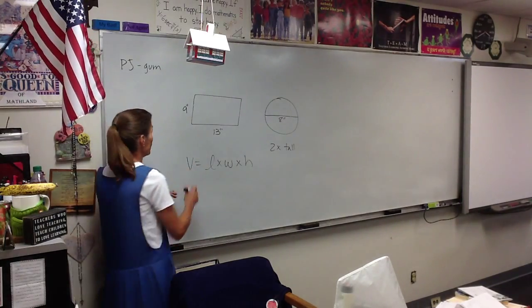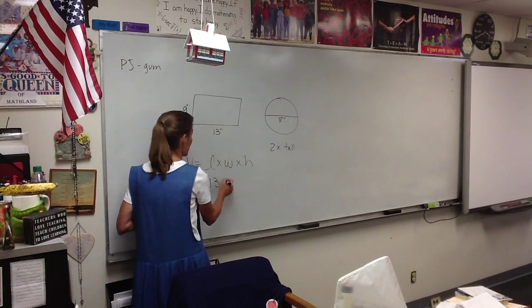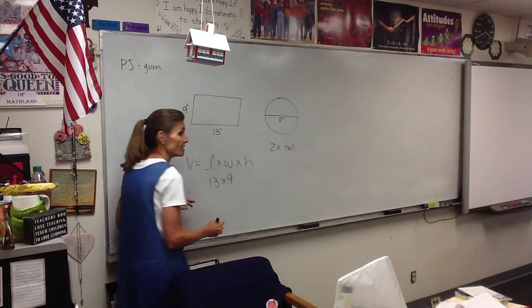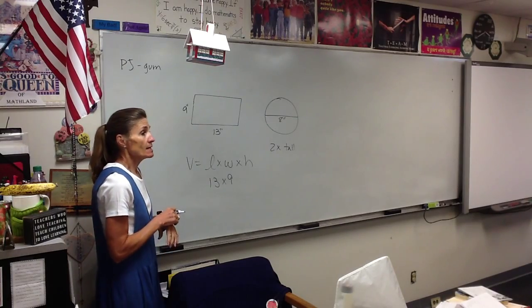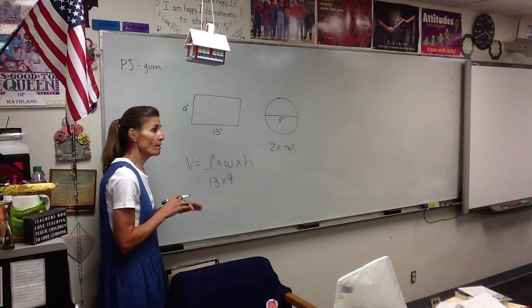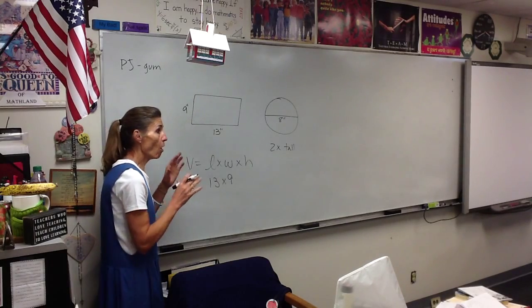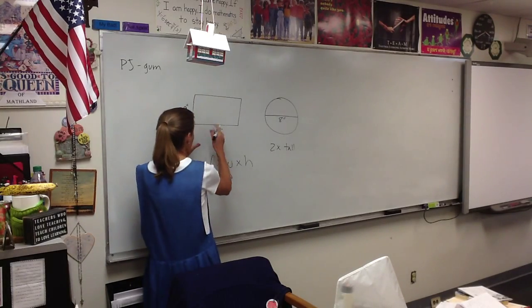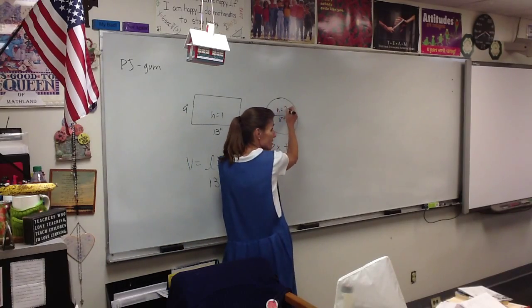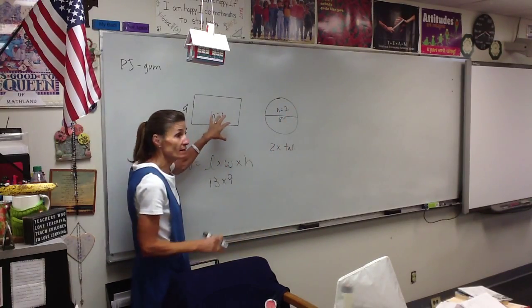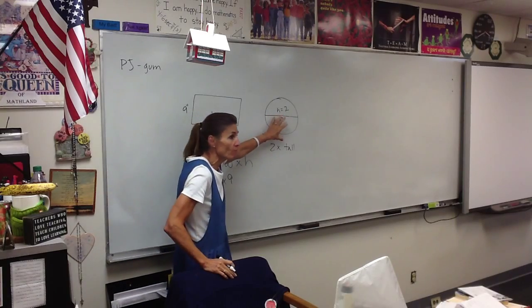What do I not know? I know the length is 13 and I know the width is 9. What do I not know? The height. It doesn't matter. Pick whatever height you want. All we know about the height is, if this height is 1, this height would have to be 2. If you want to make this one 2, make this one 4.